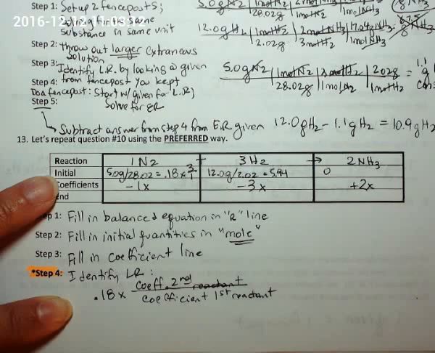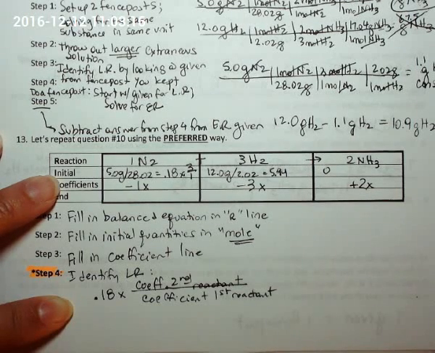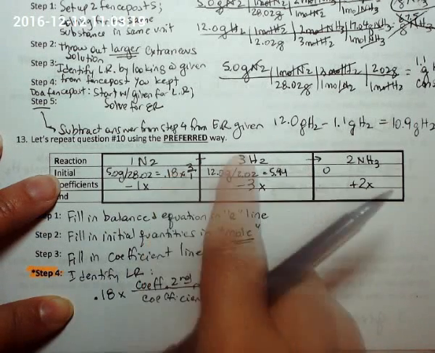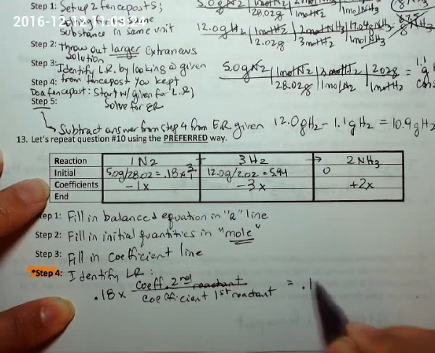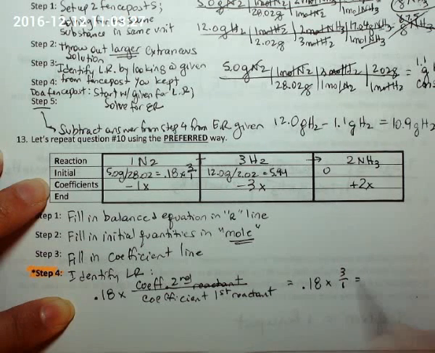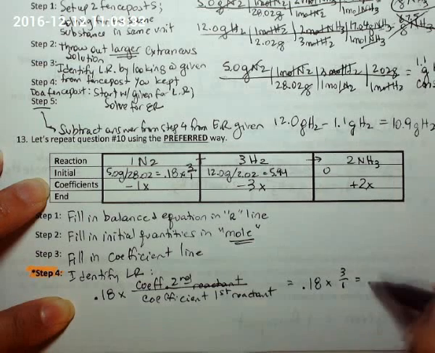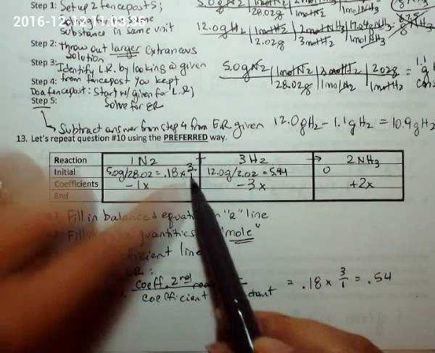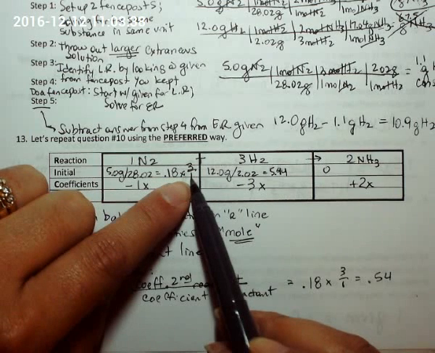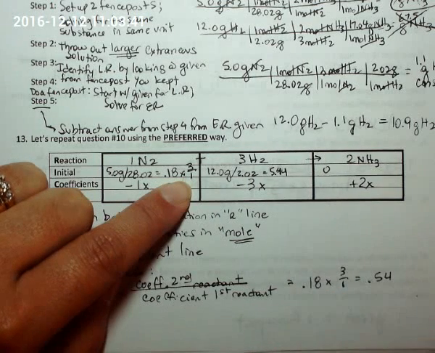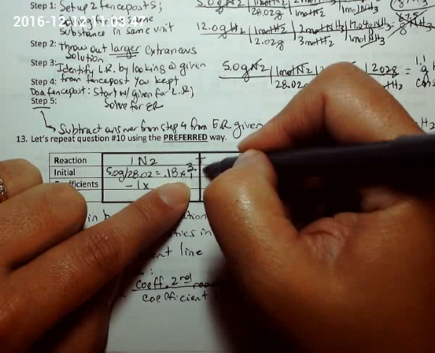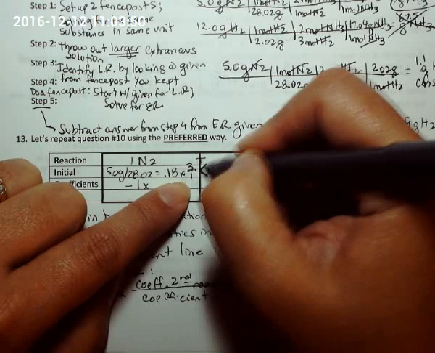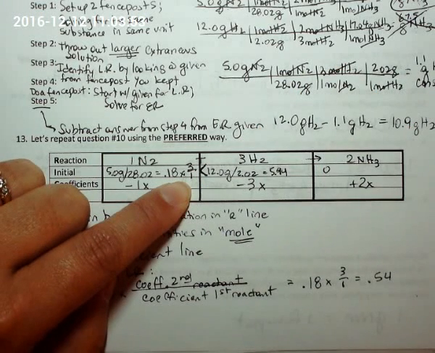All right? It's just that number times that over that. All right? What do you get? So what's 0.18 times 3 over 1? Yeah, that'd be 0.54. I ask myself, is 0.54 greater than 5.94, less than 5.94, or equal to 5.94? It's less than. So I'm going to draw an inequality. All right?